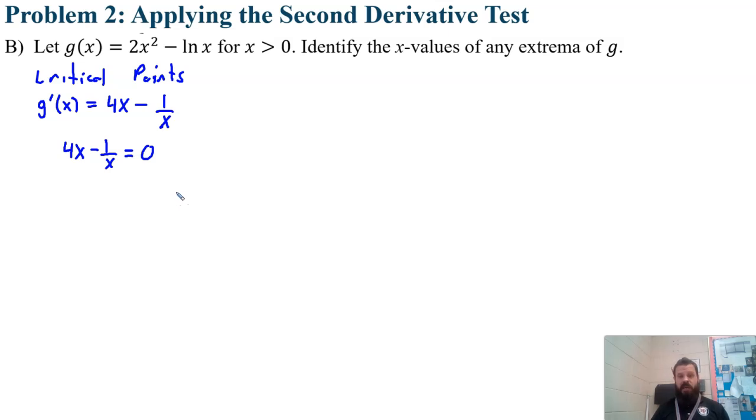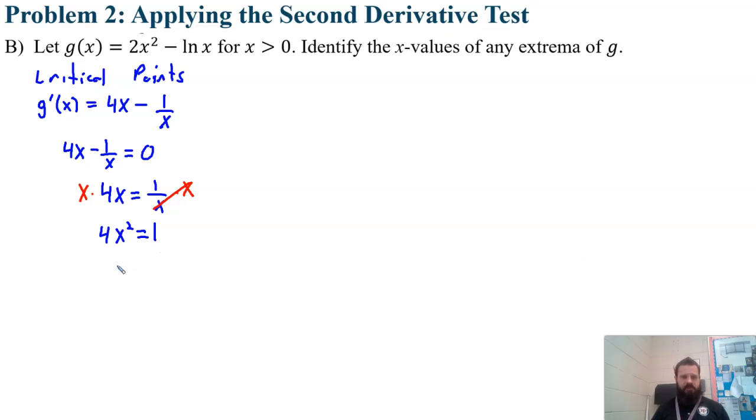Okay, solving, we can add the 1 over x to both sides to get 4x equals 1 over x. And to get rid of the fraction, what we can do is multiply both sides of this guy by x. That'll cancel my fraction on the right and leave me with 4x squared equals just 1.